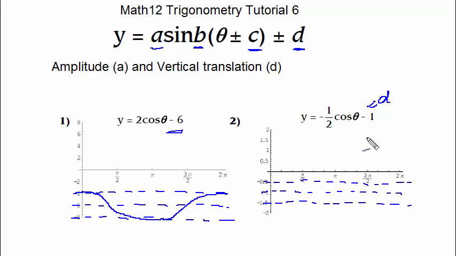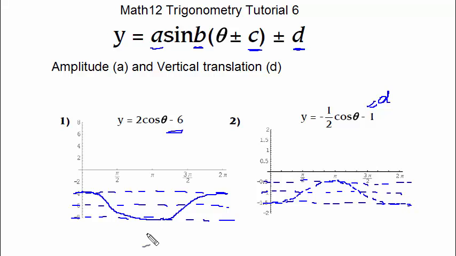Be careful, this is negative. That means our cosine function is supposed to be reversed. So we start from the bottom, go up to the peak at pi, then go down to the minimum at 2 pi. And that's our cosine function.